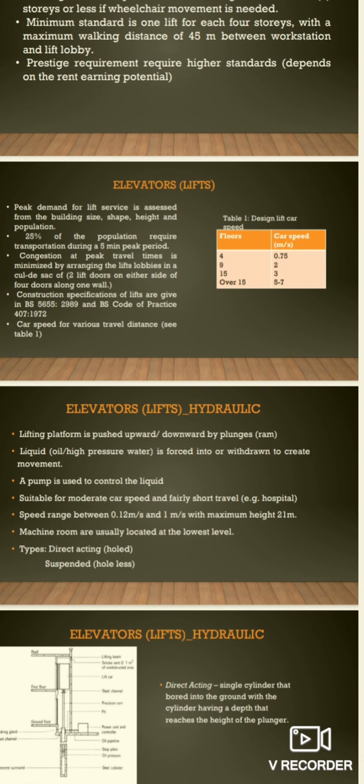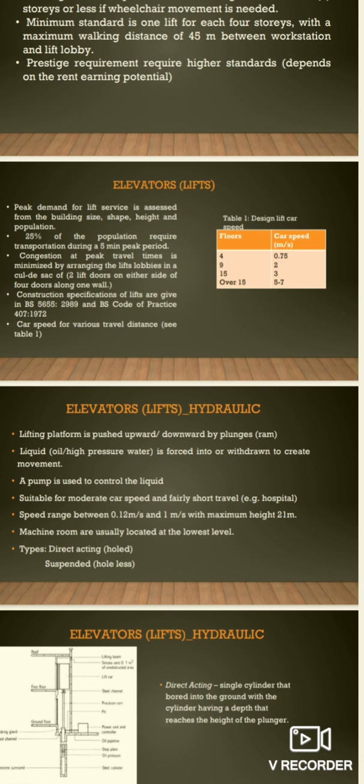Example, hospital. Speed range between 0.12 meters per second and 1 meter per second with maximum height of 21 meters. Machine rooms are usually located at the lowest level.